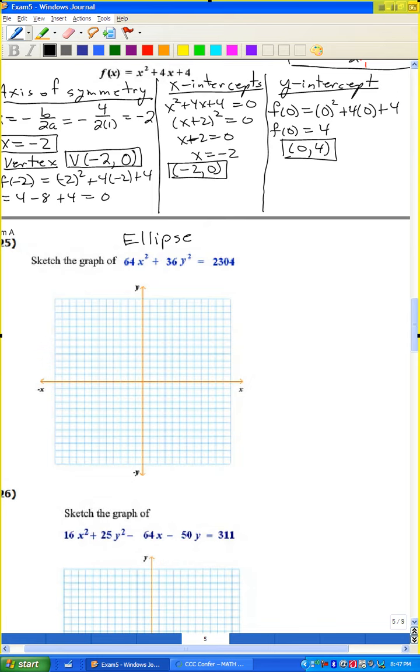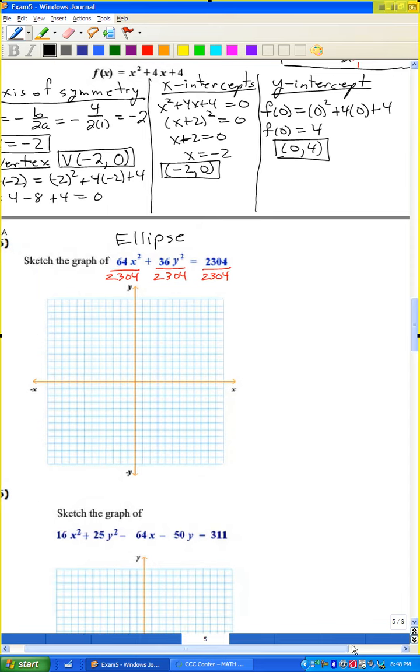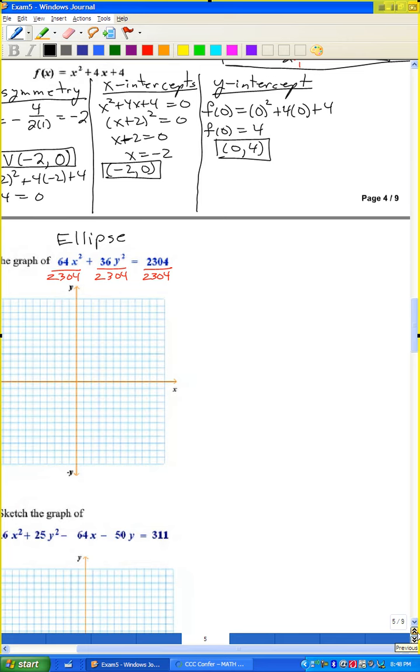So let's divide both sides of my equation by 2,304. So if I do that, then I get x squared over 36 plus y squared over 64 is 1.